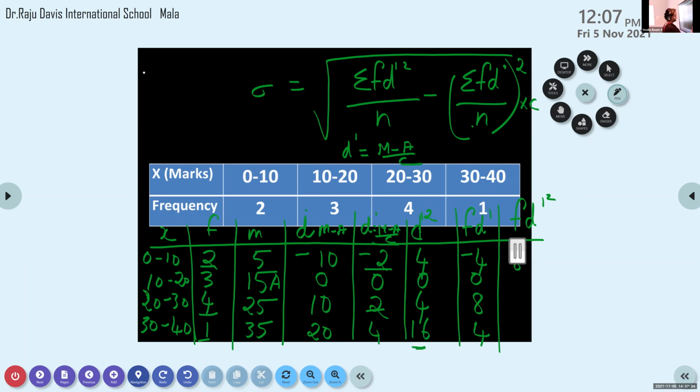8. Then 0. Then 16. Then 4. 16. Okay, now find the total of these two and apply that in the formula.